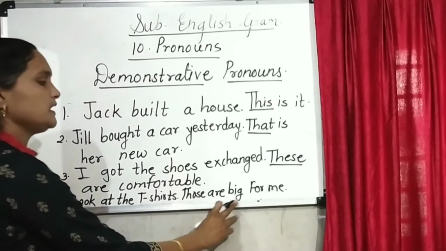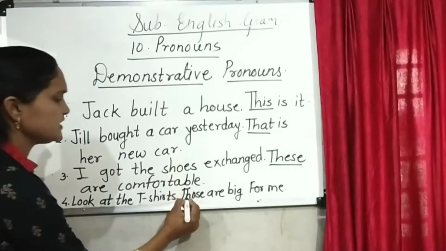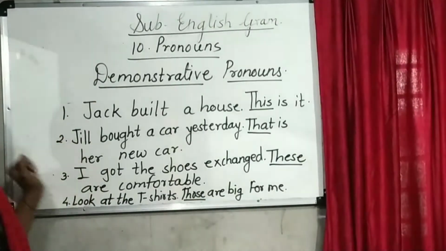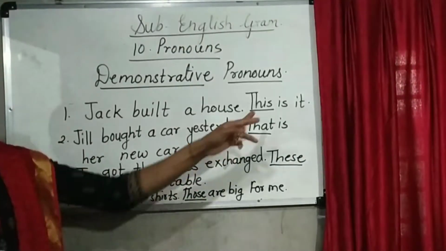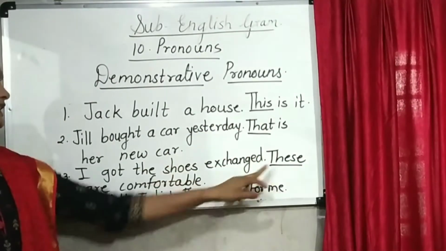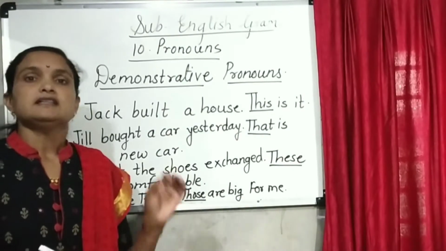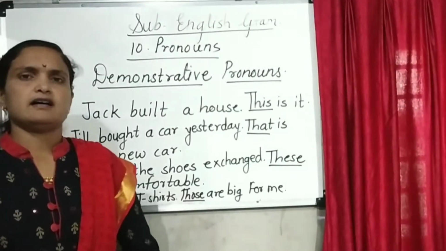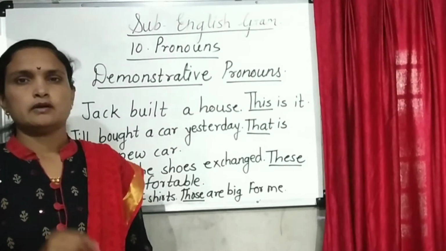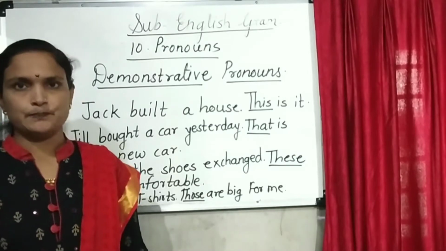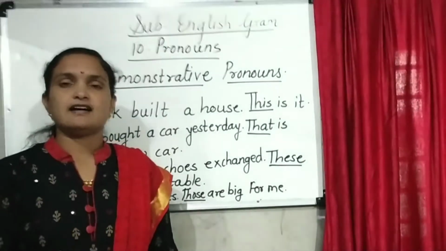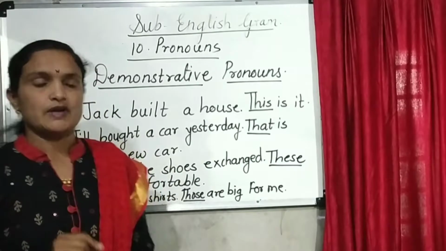Those are big for me. I'm going to underline those. So children, here, this, that, these, those, these words are showing something, pointing out something. So these are demonstrative pronouns.